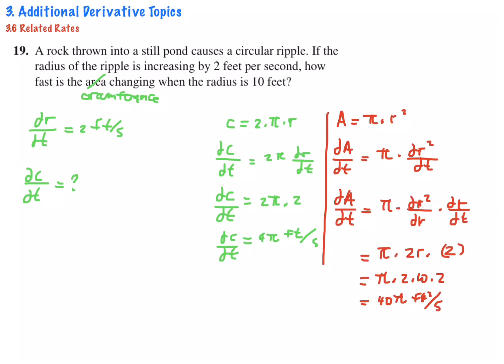That's what it means: when the ripple is increasing by 2 feet per second and the radius is 10 feet, the area will increase by 40 pi feet squared per second.